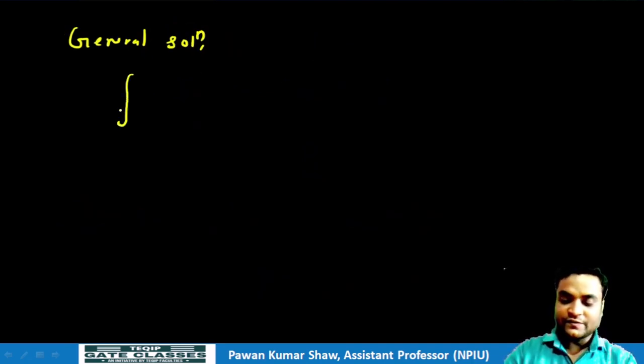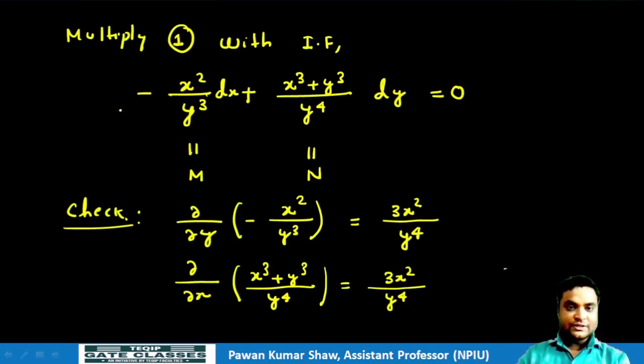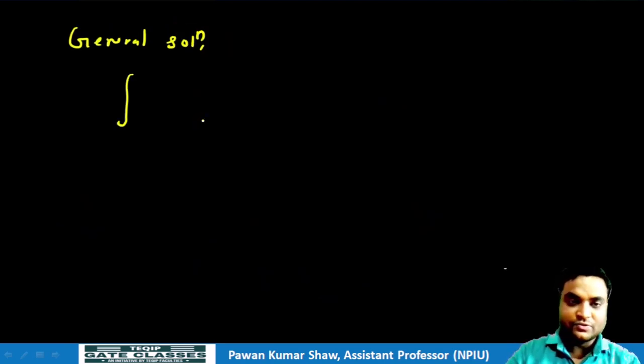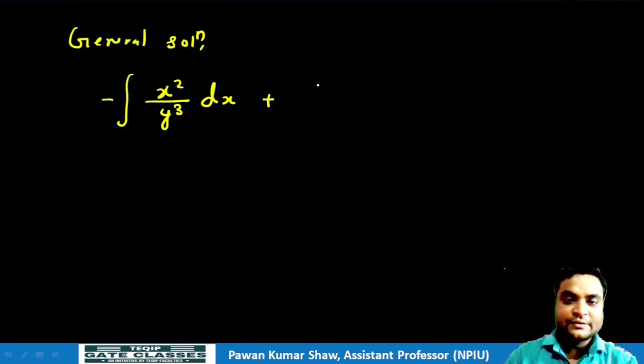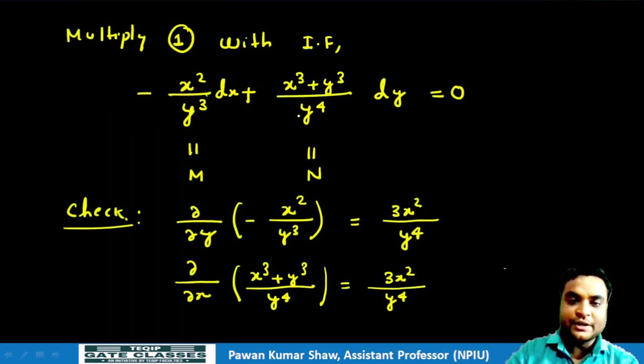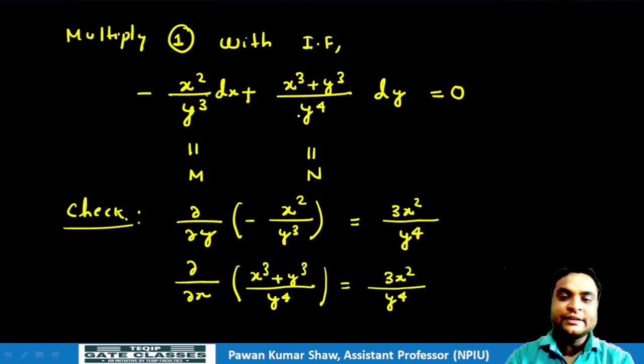So we are taking the first one, which is minus of x square by y cube, and dx, plus the second one, we have to take the terms of N which do not contain x. So here, if we see, the first term is x cube by y to the power of 4, and the second term is y cube by y to the power of 4, that is 1 by y.